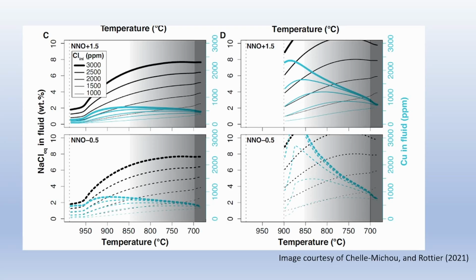It means more chlorine in the melt means more salt in the fluid. It's quite simple and efficient. But when the magma is more reduced, at minus 0.5 NNO, the story changes. Even with the same chlorine starting point, salinity builds more slowly and plateaus earlier. So it means less oxygen means less efficient salt delivery.